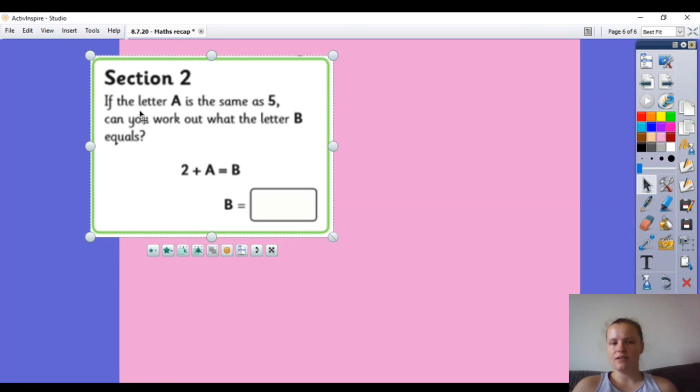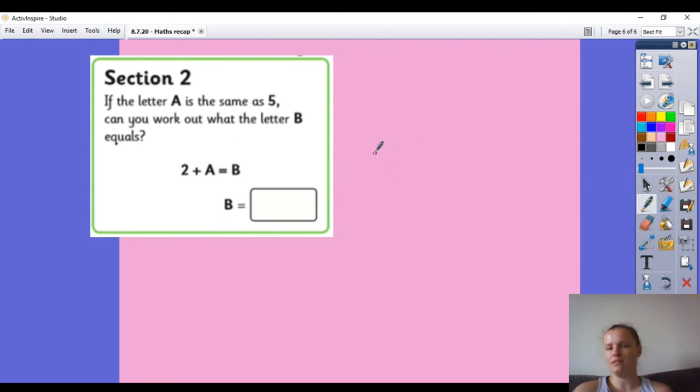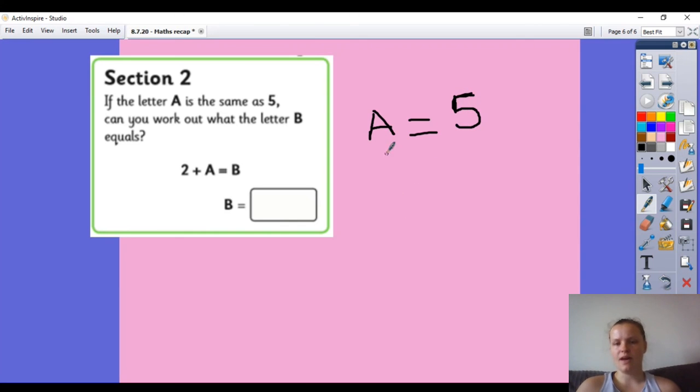So it says up here, if the letter A is the same as 5, so A is 5. So I'm going to give you a few seconds now to see if you can work out what the answer would be. Okay, so A equals 5.